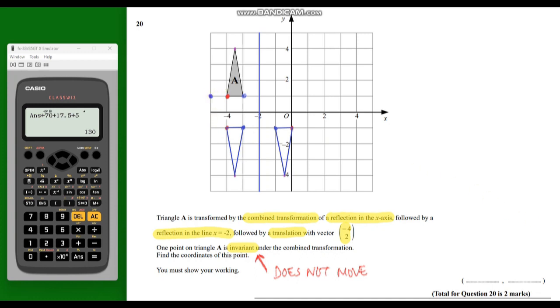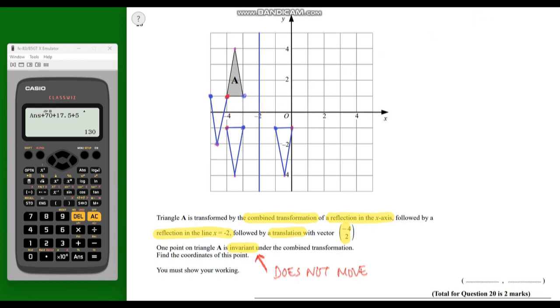Let's do the red point. 1, 2, 3, 4, 1, 2. Oh, that's interesting. And now the fuchsia point. 1, 2, 3, 4, 1, 2 there. And you've probably already spotted what I've spotted. Let's just draw it in anyway. This is our new shape, our new triangle.